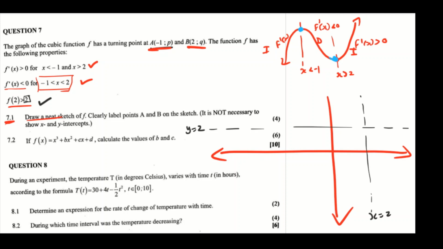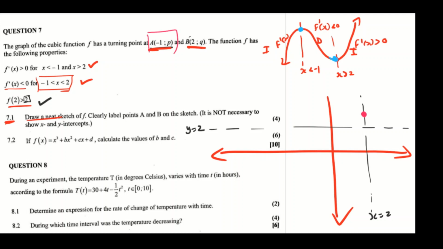So when you draw your turning points, remember your turning points, it has 2 and q, right? 2 and q here, meaning it can be somewhere here above y equals 2. Remember that. It's just above, it's somewhere here, it's an estimation. And then we are also told about this turning point of -1, which can be somewhere here.